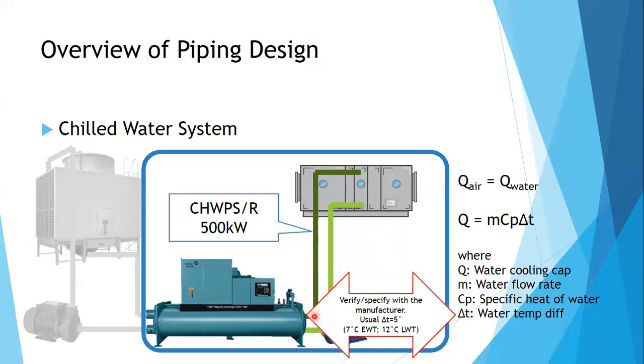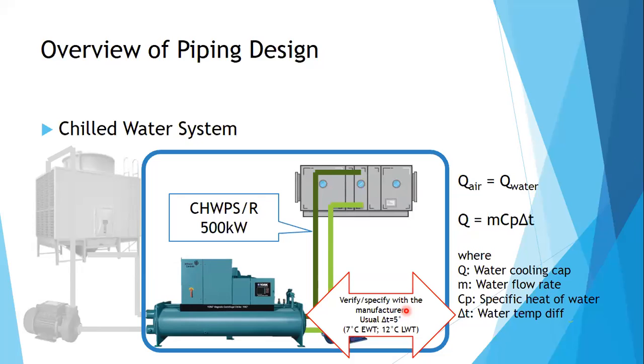Please note that for the chilled water system, the delta T is usually 5 degrees. Doesn't matter if your 5 degrees is 7 to 12, or 13 to 18, or 6.5 to 11.5, or 7.5 to 12.5, doesn't matter.